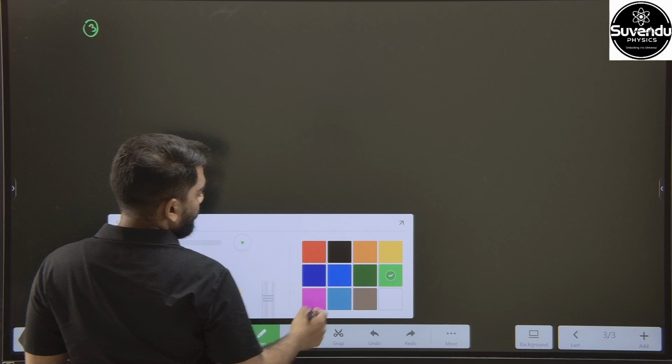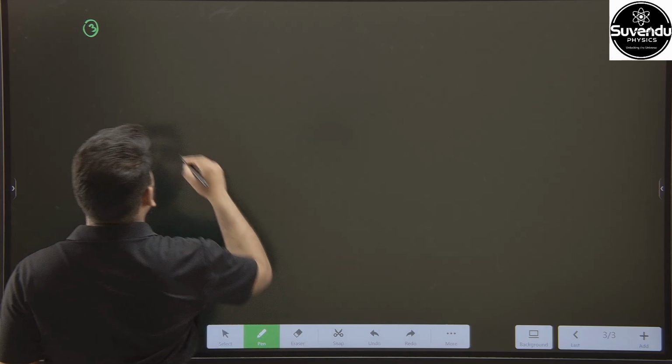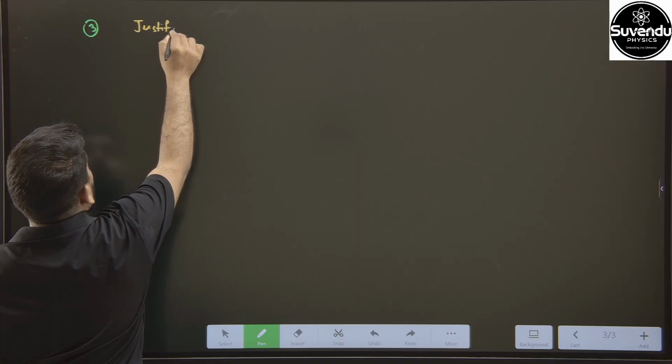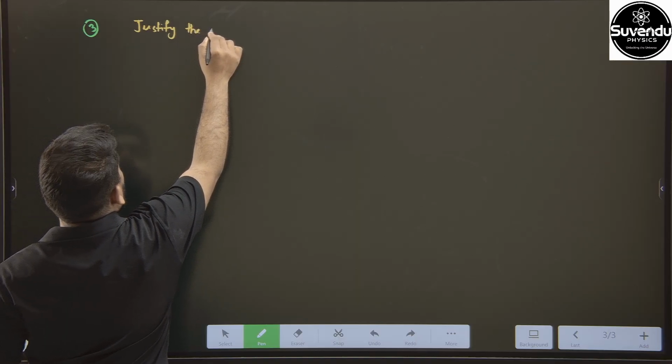CBSE में एक लाइन पूछेगा तुमको, justify this statement. Justify the statement.